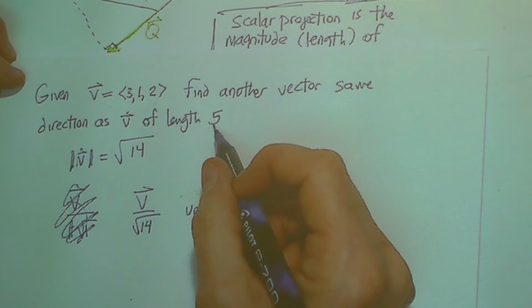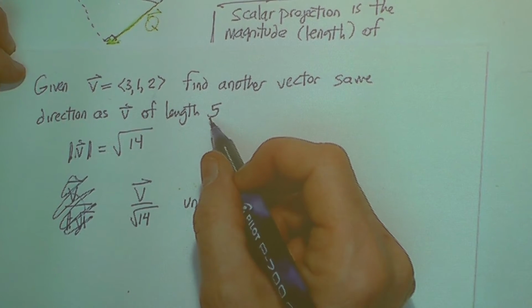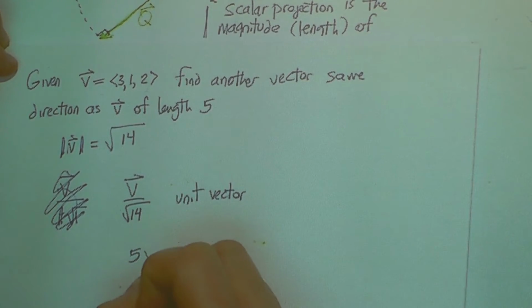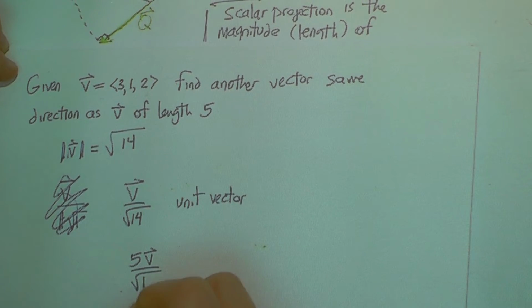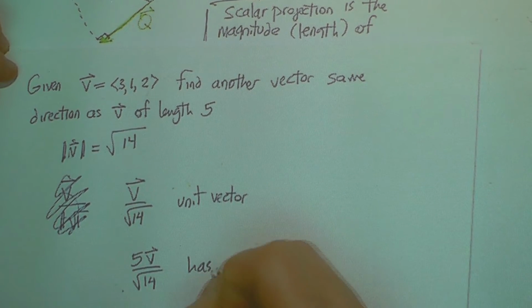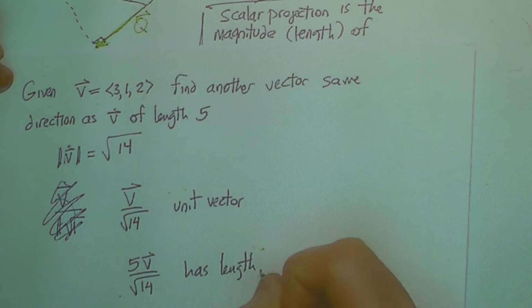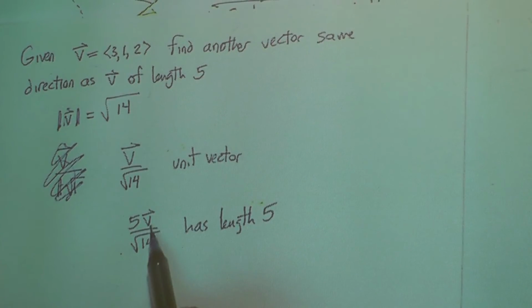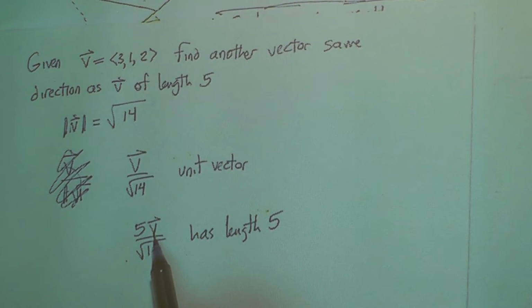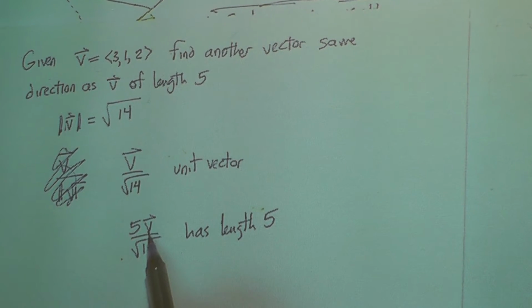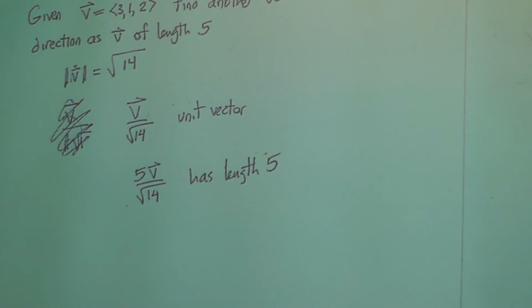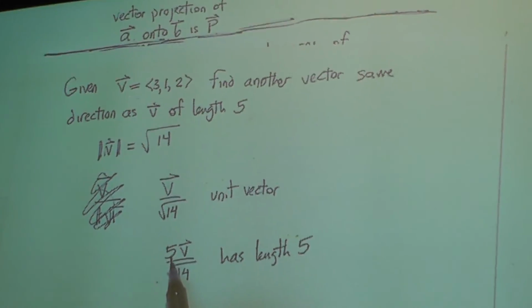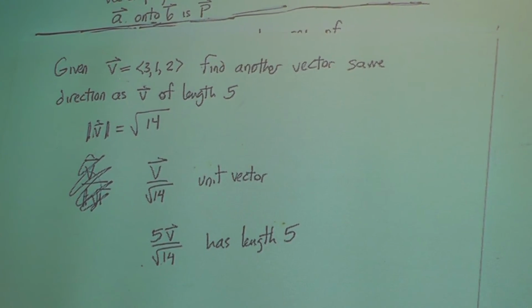To get it to be of length 5, multiply this by 5. It's in the same direction as V because it's a multiple. Okay? So you have to make sure you divide by the magnitude. Just multiplying by 5 isn't going to do it.